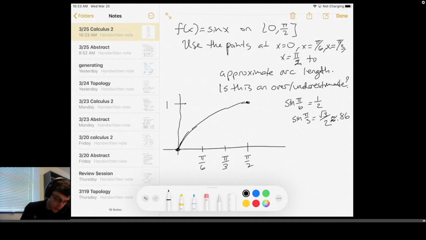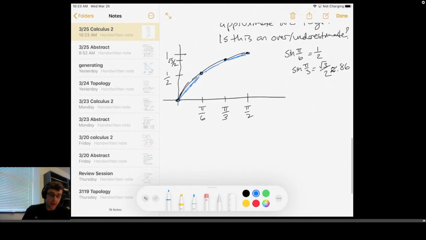Then this guy is up here, at root 3 over 2. And then for the actual approximation, we want to draw lines between them. So this is a straight line, straight line, straight line.